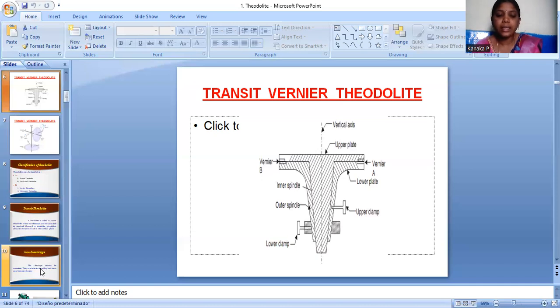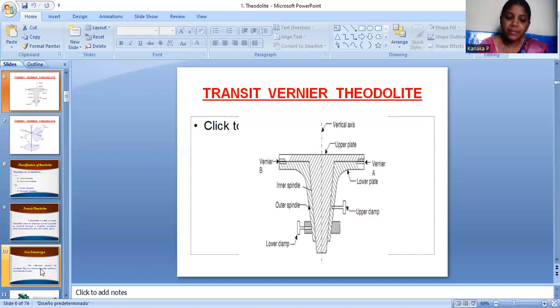So next one is centering, transiting, face left, face right. Centering means placing a theodolite fitted on a tripod exactly over the station point, so the plumb bob is known as centering. Transiting is a process of turning the telescope about the horizontal axis in the vertical plane through 180 degrees.